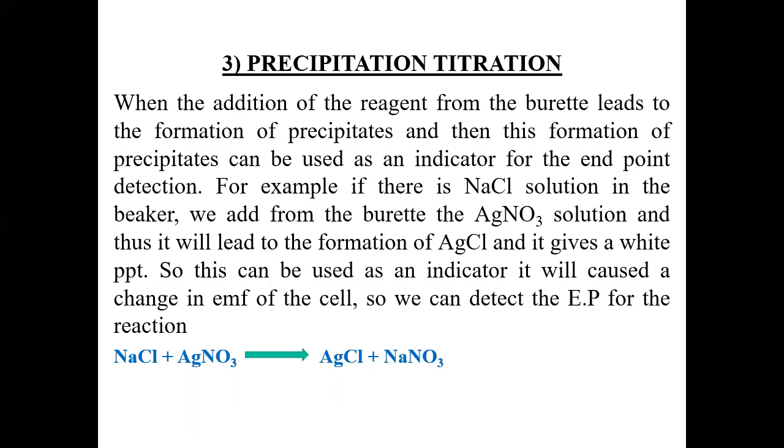NaCl plus AgNO3 will give us AgCl plus NaNO3. The EMF of the cell here will be given by E cell equal to E naught of the indicator, meaning the standard electrode potential of the indicator, plus 0.0591 divided by n into log concentration of the M n+ ions, minus the standard electrode potential of the reference.